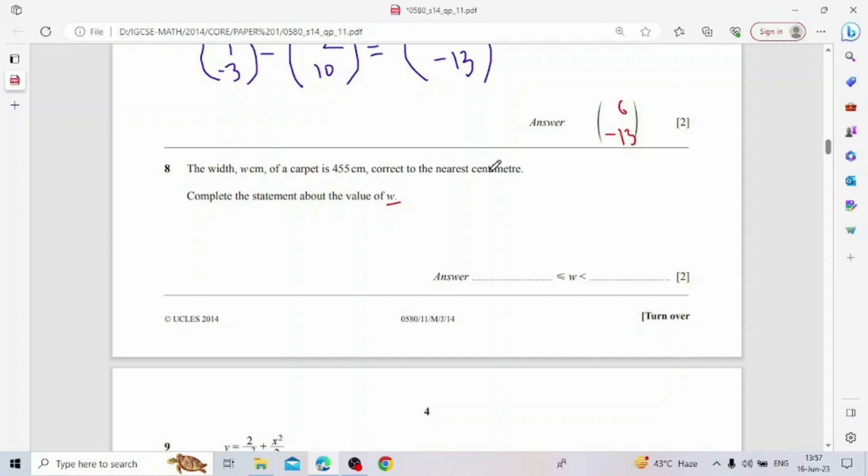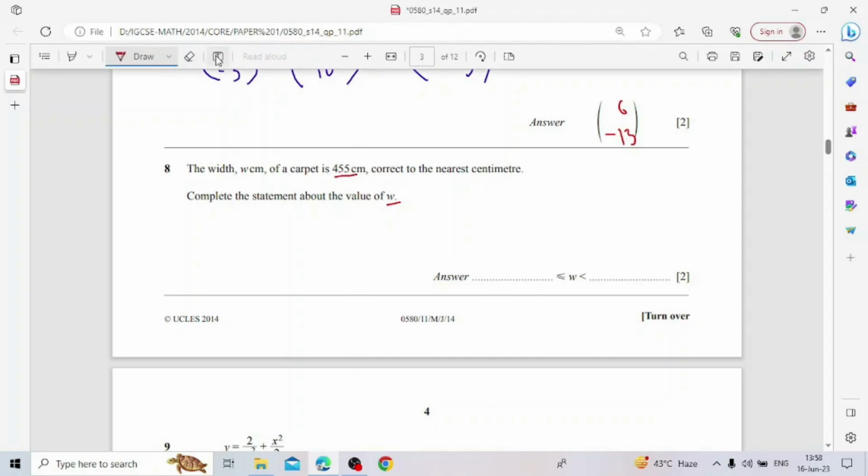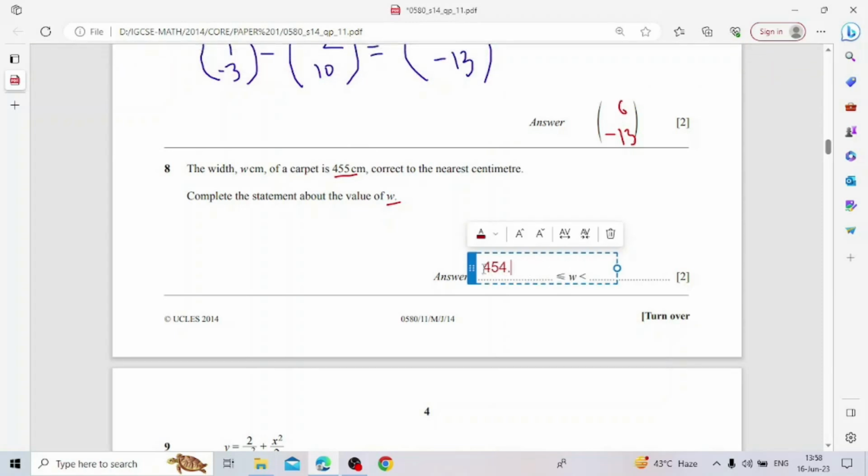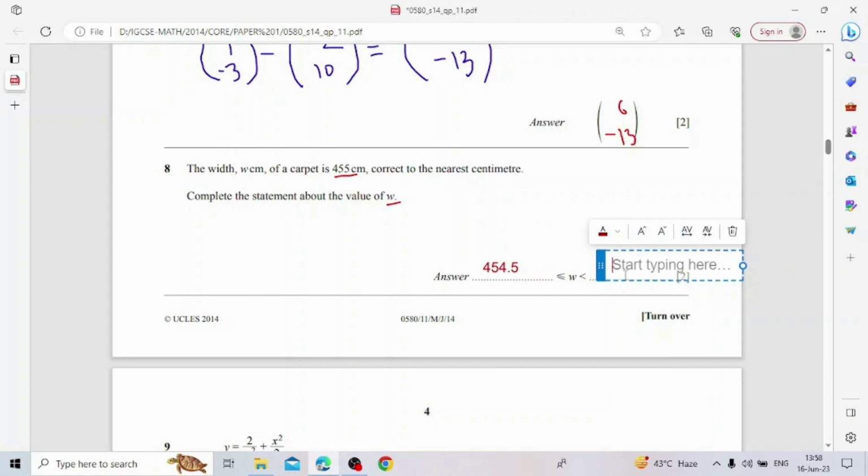So correct to the nearest centimeter means 1 centimeter you have to divide into 2. That's 0.5 and 0.5. So if you subtract 0.5 from this, what will the number be? The number will be 454.5 is less than or equal to W, less than 455.5 centimeters, a difference of 1 centimeter.